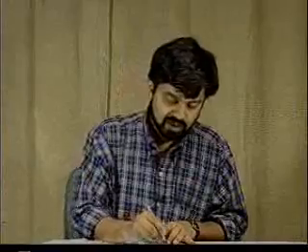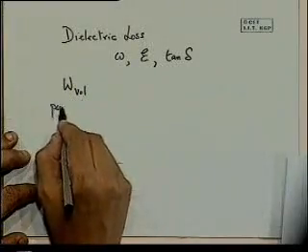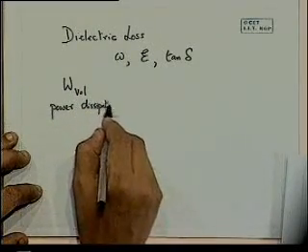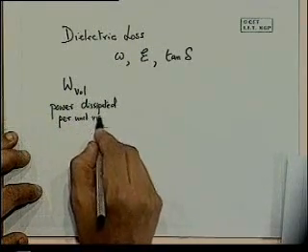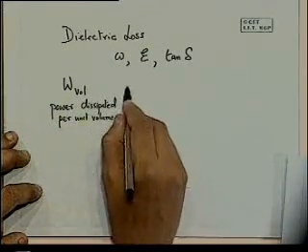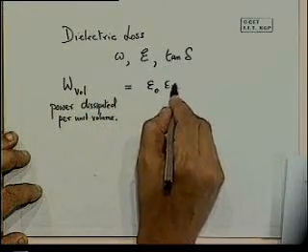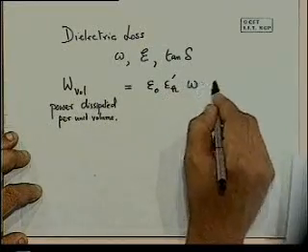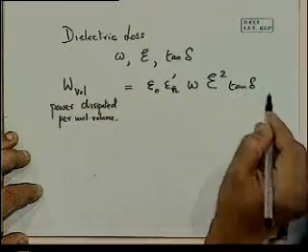Okay? So if we write an expression W volume, which is the power dissipated per unit volume, it can be expressed as epsilon naught epsilon r prime omega the field squared tan delta.